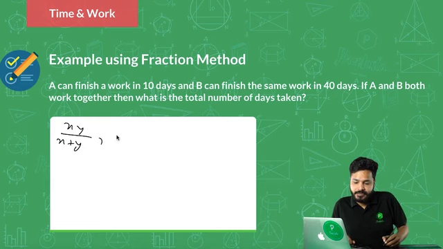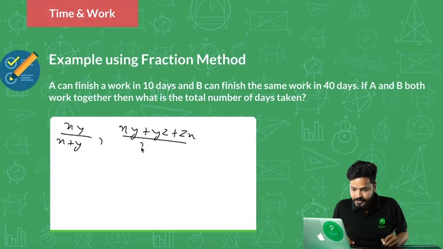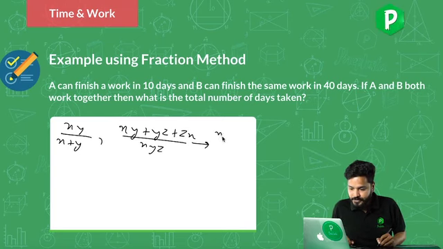Similarly, if we have 3 persons, in that case the formula would be XY plus YZ plus ZX upon XYZ, and then I'll reverse it. So it will become XYZ upon XY plus YZ plus ZX.